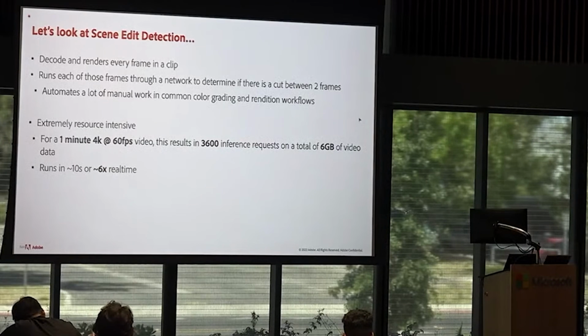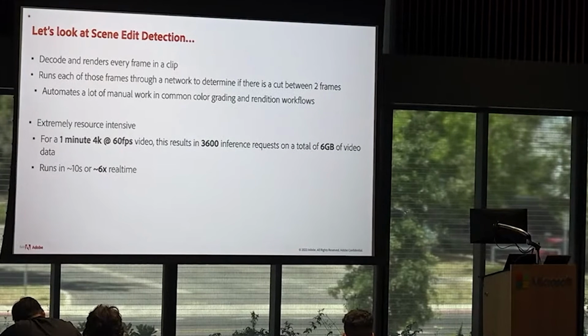Let's take a look at scene edit detection, for example. This workflow requires us to decode and render every single frame in a clip, and then run each of those frames through a network to determine if there's a cut between two frames. Scene edit detection is an extremely resource-intensive workflow.